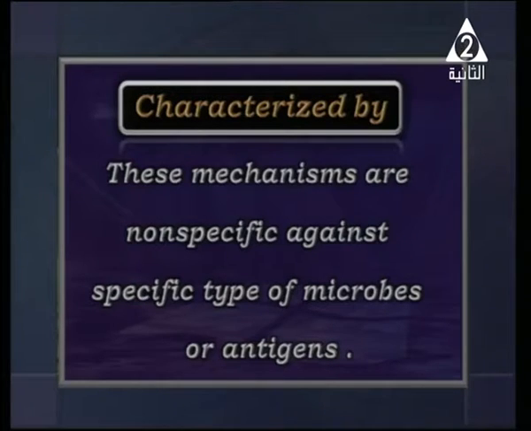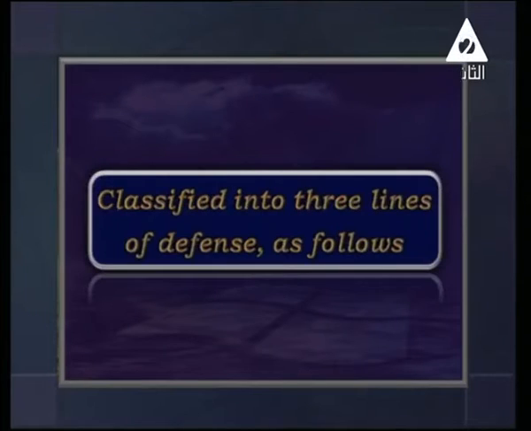No, there is no specificity in this case, but it's a wide range of ability for invading, killing, and engulfing the antigens or the pathogens. It is non-specific for microbes or antigens. And we can classify it into three lines of defense, as we are going to discuss.